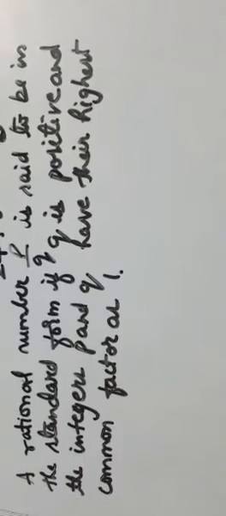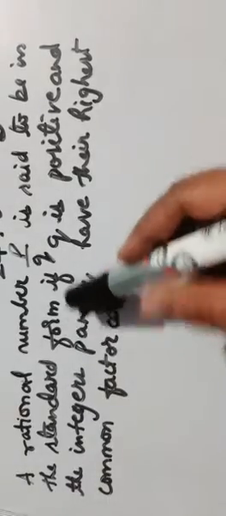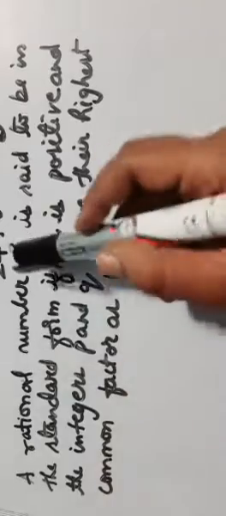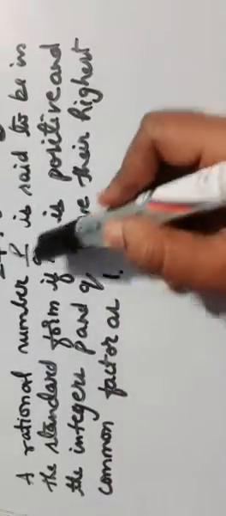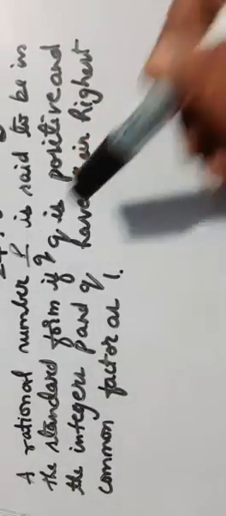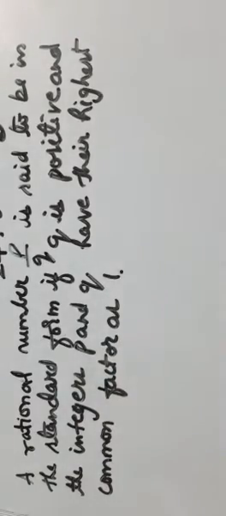Therefore, children, when do we say that a rational number is in the standard form? A rational number P by Q is said to be in the standard form if Q is positive and the integers P and Q are having the highest common factor as 1.